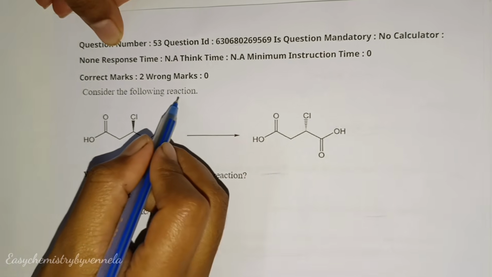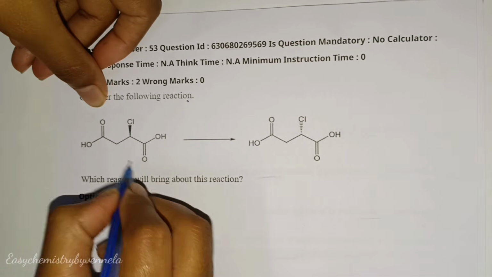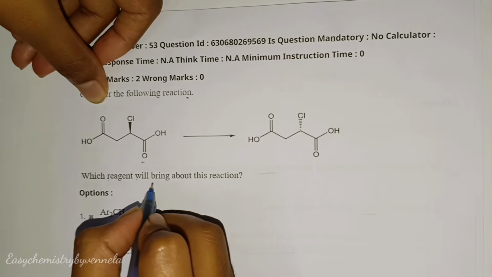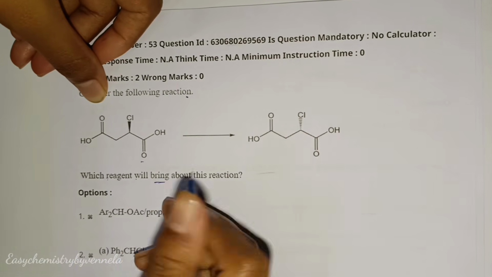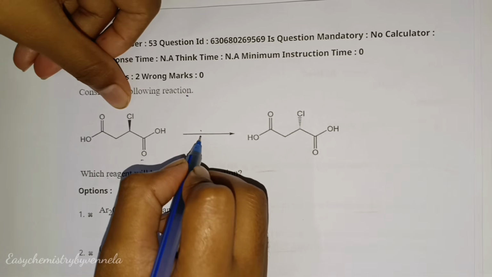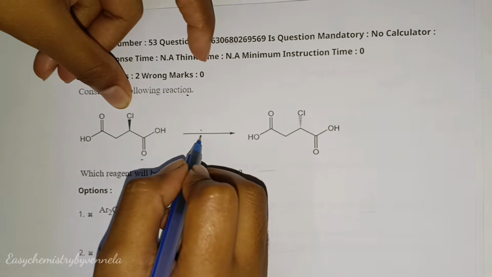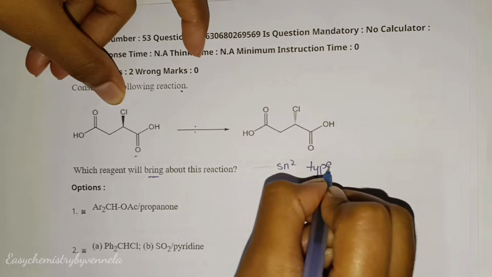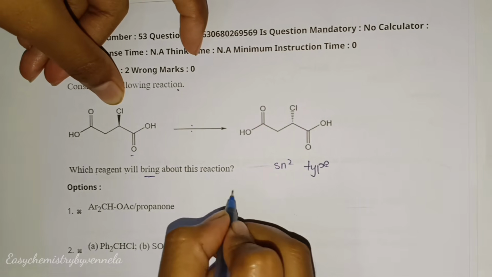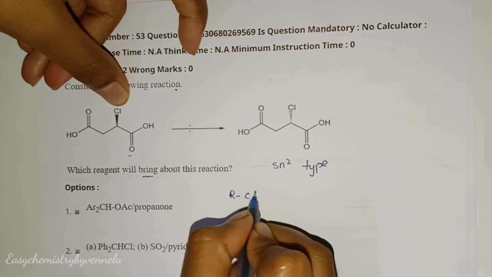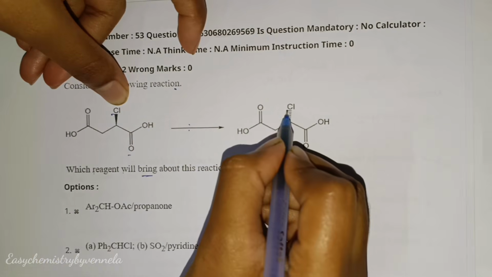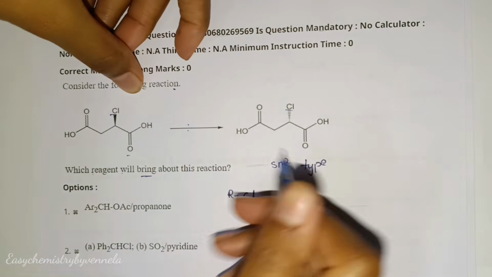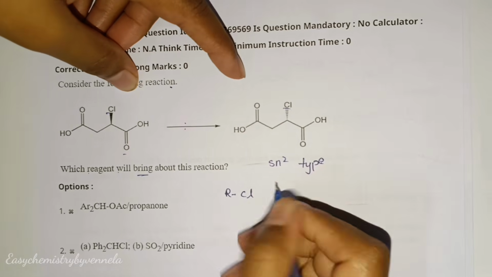Next question. Consider the following reaction. Here they given the reaction. Which reagent brings about this reaction? You have to find out the reagent here. Here you can see this is the inversion configuration of SN2 type. Here first one I am taking RCl. Here chlorine and here also chlorine, but they given the wedge and dashed positions.